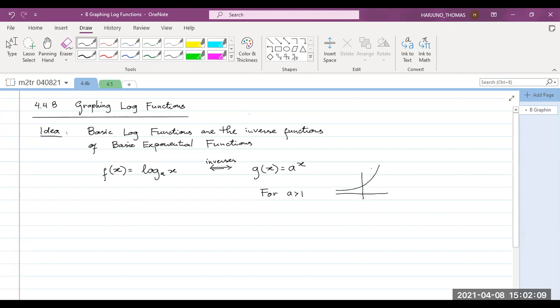It is increasing. Then the log function will be the reflection of that graph with respect to the line y equals x. Okay, maybe I move it to the middle.